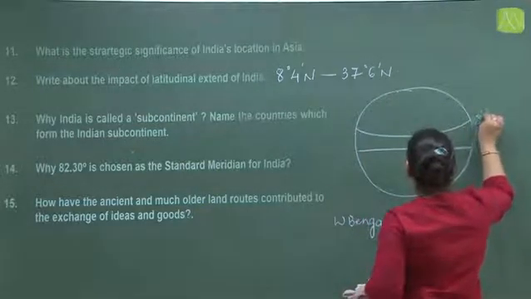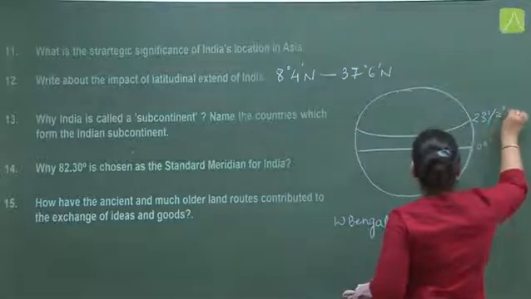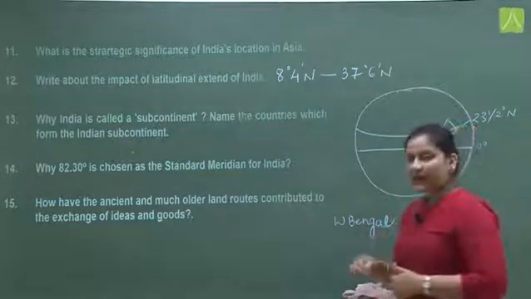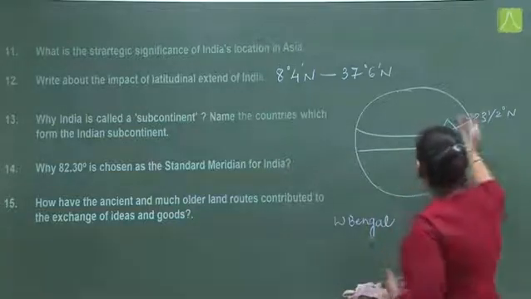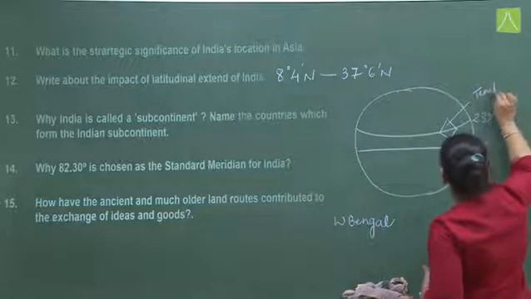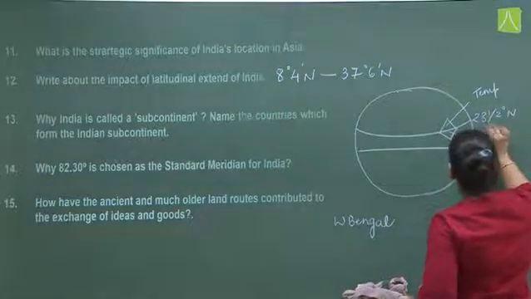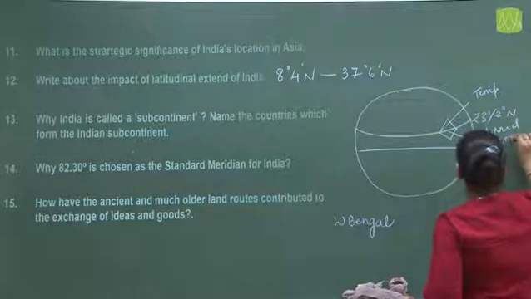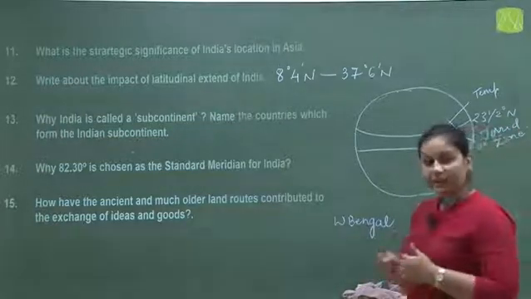This difference is seen in the form of our heat zone location, the part of India which lies in temperate zone and the part of India which lies in torrid zone. The first reason is this, because of the latitudinal extent.